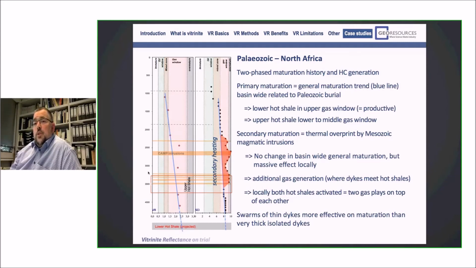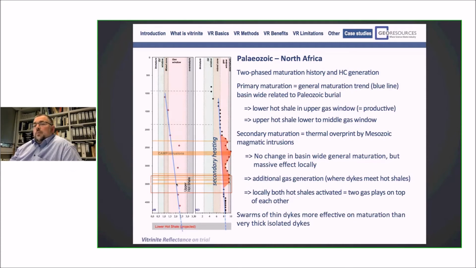The upper hot shale, which is up here, will be in the lower to middle gas window based on this basin maturation trend. The secondary maturation is a thermal overprint by the Mesozoic magmatic intrusions.